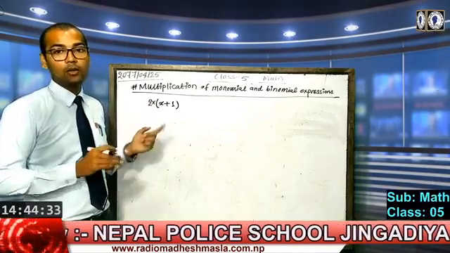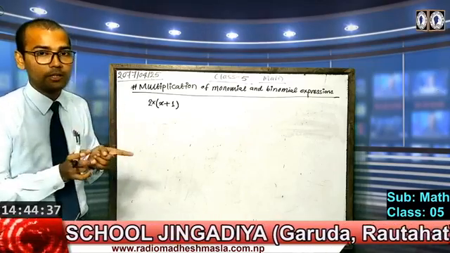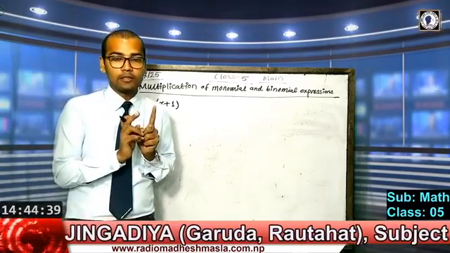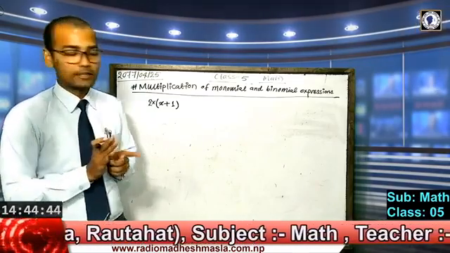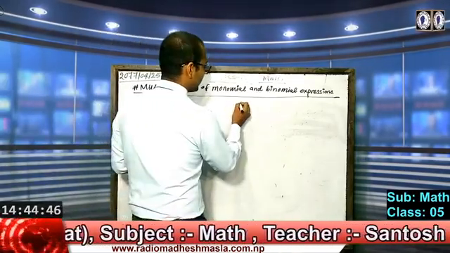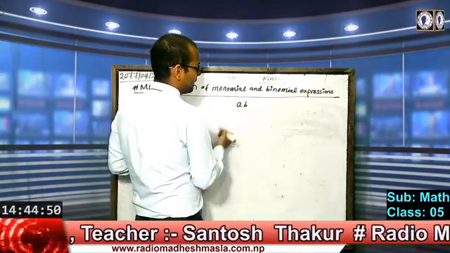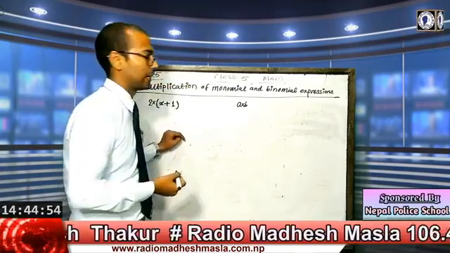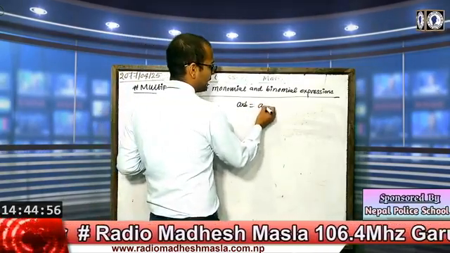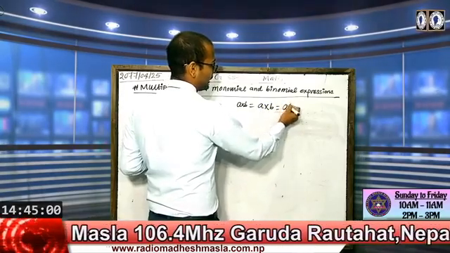Between two numbers, if there is no sign, it means there is a multiplication sign. Similarly, suppose there is given ab. Between a and b there is no sign, which means there is a multiplication sign. It means a into b, and then it becomes ab.